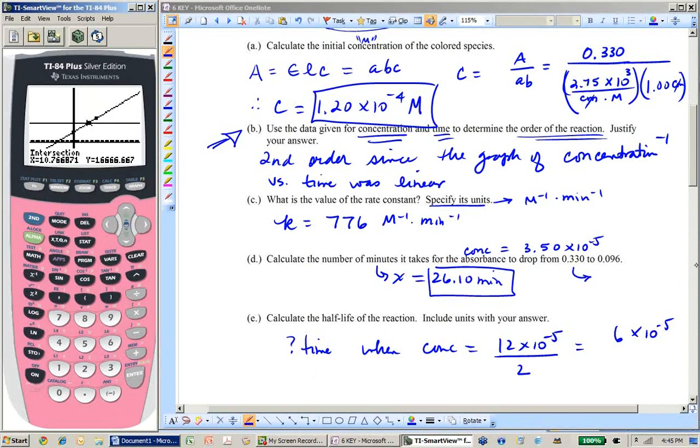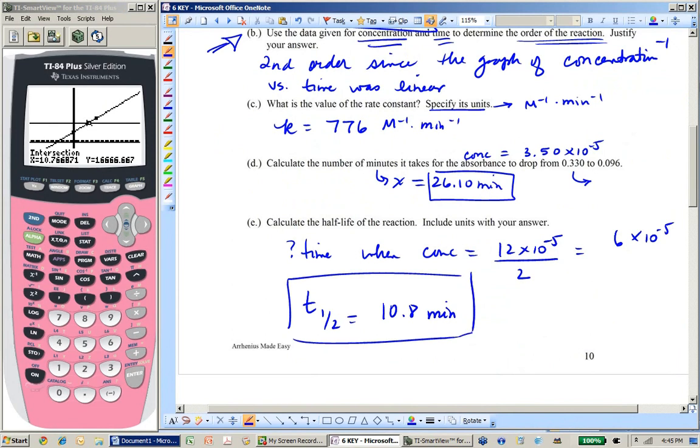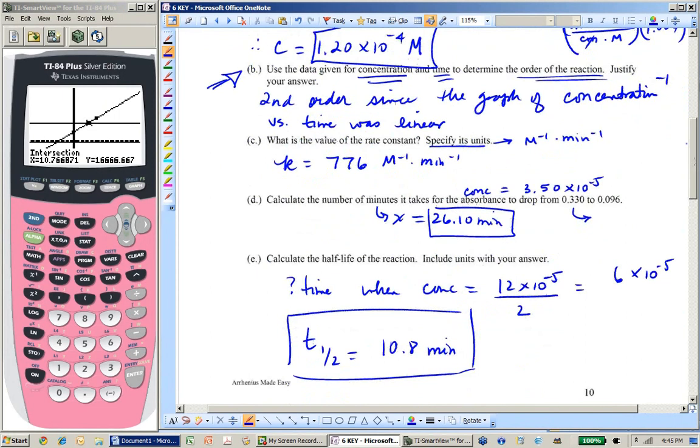And the answer is 10.7 or 8. What do you figure? 10.8. 10.8 minutes. t 1/2 equals 10.8 minutes. Okay, we worked that pretty dang fast. The rest of the country would still be crunching stuff out algebraically and making lots of algebra errors.